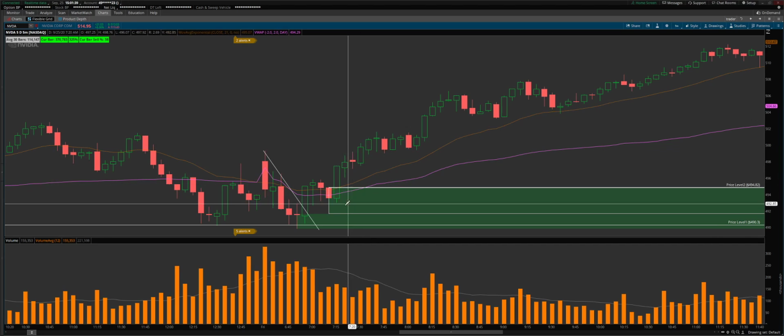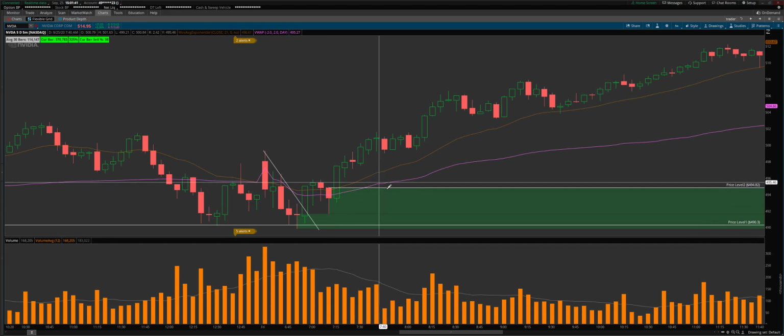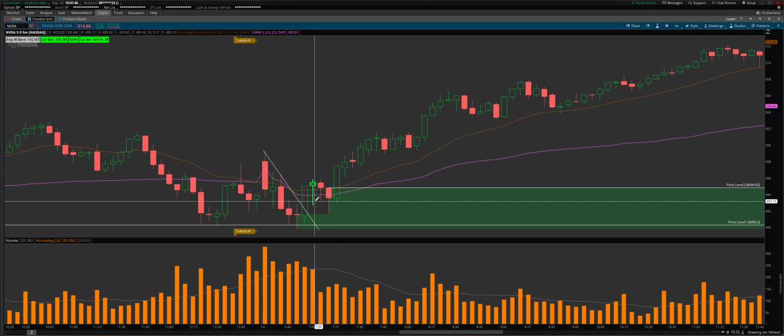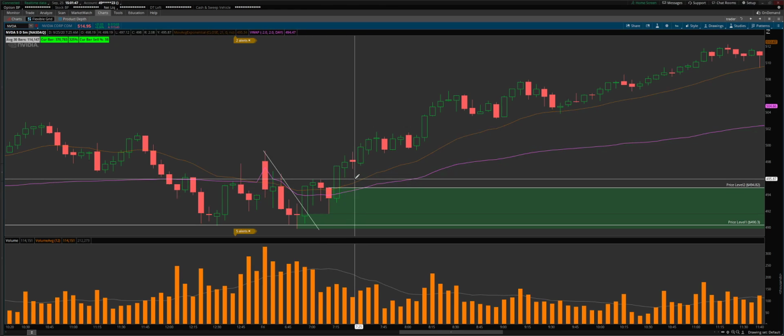Now your stop will have to be at the low of the wick, and like I said before, you can't expect to risk nothing to make gains, because that's just not how trading works.